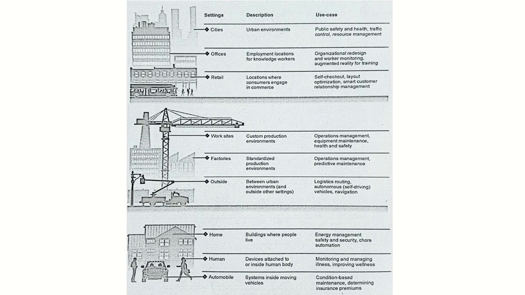You will find its application in cities, offices, retail, work sites, factories, outside the factories, houses, on humans, and vehicles. You will find its applications almost every single place. And that is why it is important to learn about IoT, and to get advanced and adapted with technology as well.